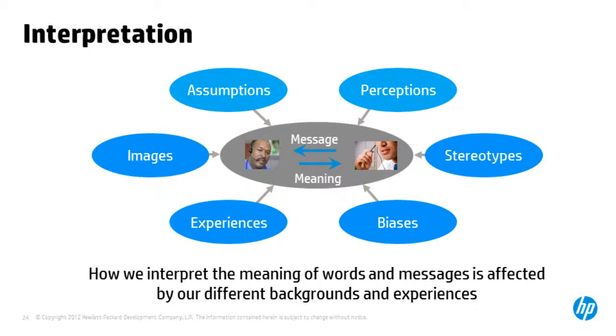Some of the barriers to correct interpretation are assumption, which is when we accept something as being true without receiving proof of it. Bias, when we have a prejudice or a predisposition. Image, a likeness of a person or thing that resembles another. Perception, an impression based on one's understanding of something. Stereotype, a person or thing that conforms to an unjustifiably fixed mental picture.